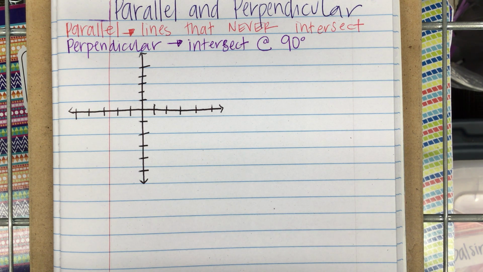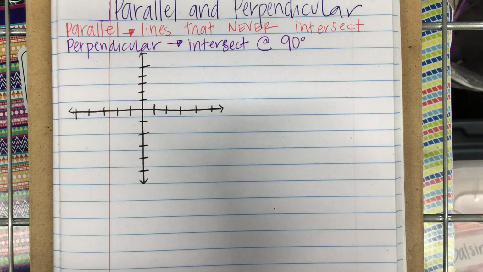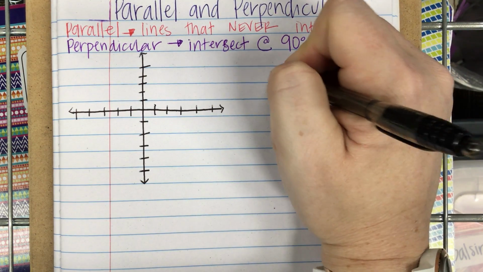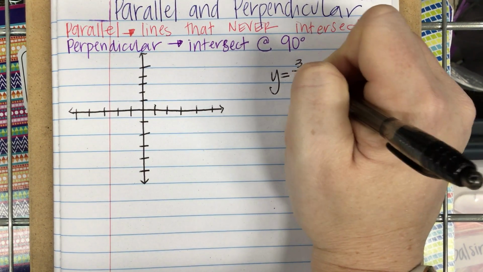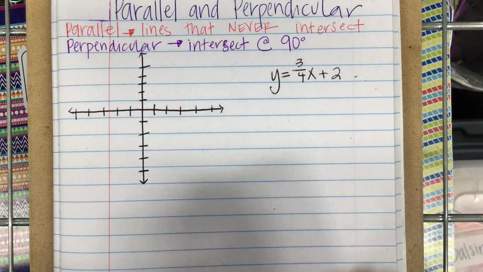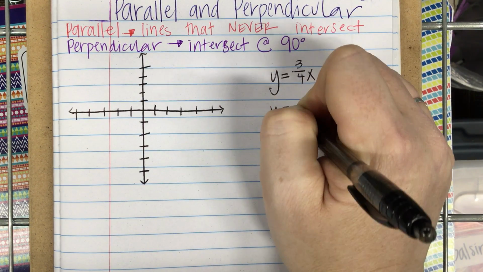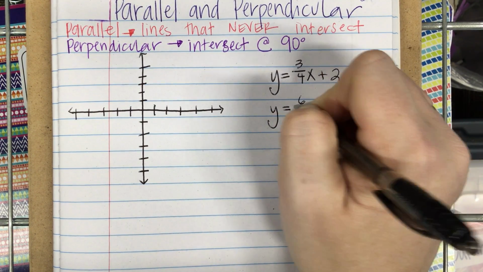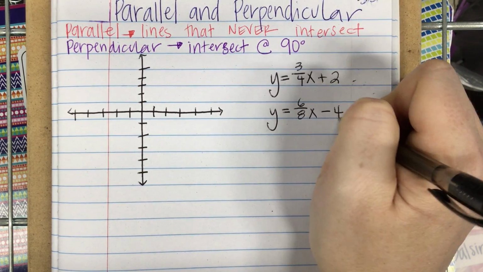And we are going to plot these lines. y equals 3/4 x plus 2, and y equals 6/8 x minus 4.